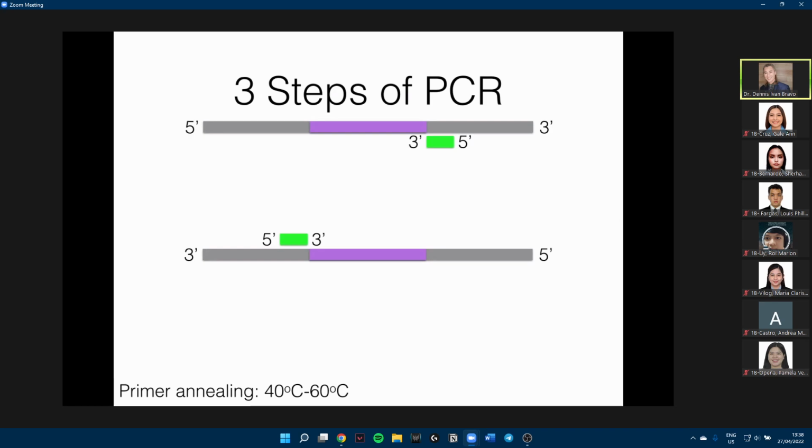After the primers bind to the flanking sequence of the target region, the temperature is raised to about 70 degrees Celsius to activate now the Taq polymerase. That will now synthesize the DNA in the 5' to 3' direction. So at the end of the first cycle, there are now 2 copies of the DNA.